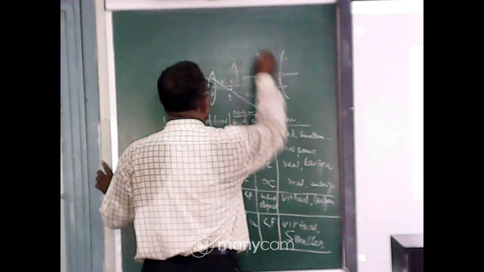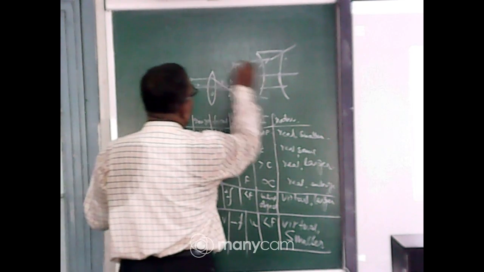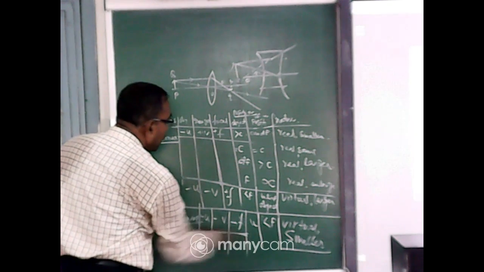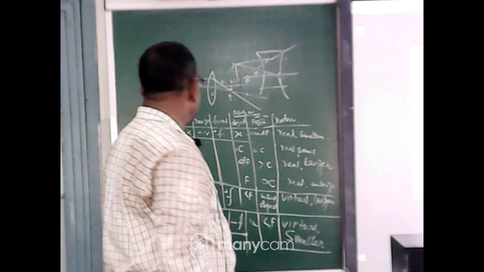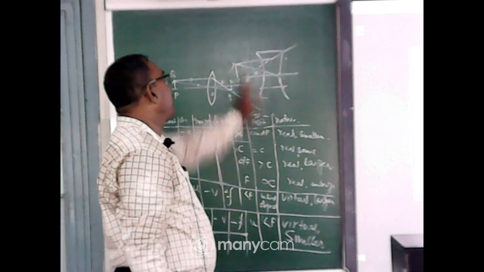Sorry my dear students, you check it. This is the diagram for focus and this. So all are negative. Sorry for this. All are negative. U, V and F diagram is this.